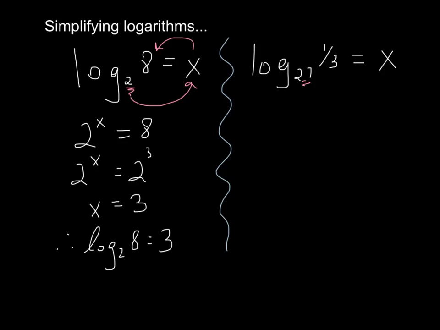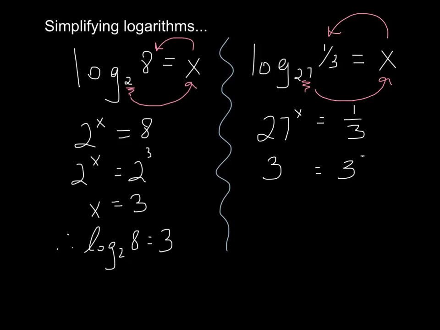So we start with our 27. We've got 27 to the x equals 1/3. And I'm going to use a common base of 3. So the right side, that's 3 to the negative 1. The left, I've got 3 to the 3x.